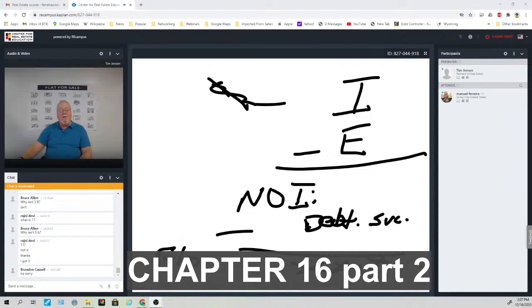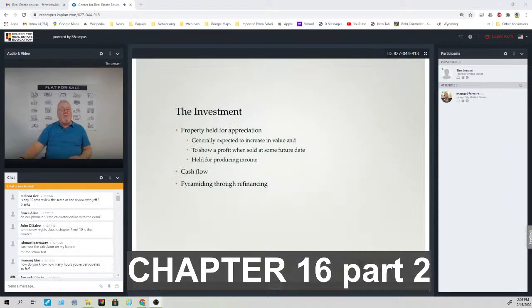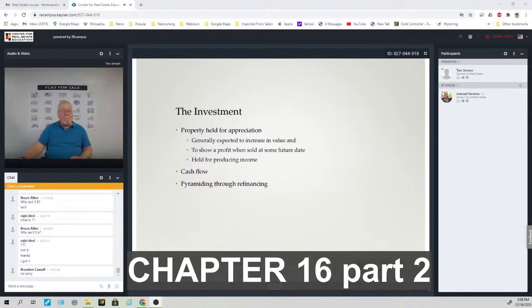flow, F-L-O-W, cash flow. So after all expenses, after all taxes, insurance, maintenance, bookkeeping fees, everything's paid. And when you apply your mortgage payment to the net operating income and there's anything left over, what's left over is called cash flow. Spendable income that the owner generates on a monthly basis from the proceeds of the property.